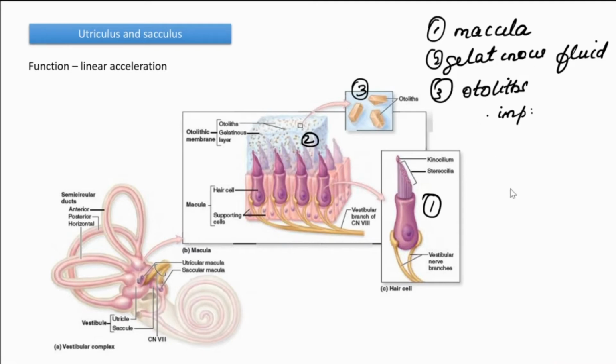So we covered the vestibular apparatus. Once more I will repeat. In the inner ear, first we understand that the main parts are membranous labyrinth and bony labyrinth. And this membranous labyrinth we can classify into two major regions. One is the vestibular apparatus and the second one is the cochlea. Vestibular apparatus we have covered till now.